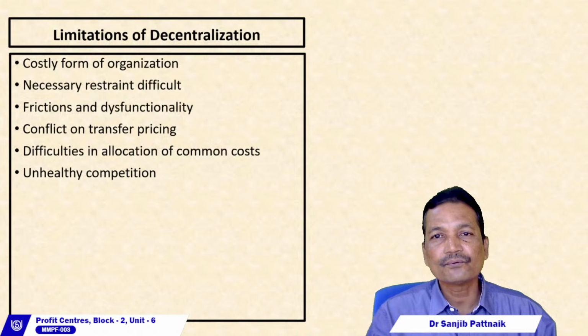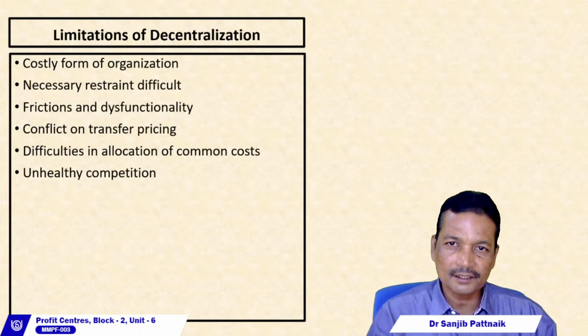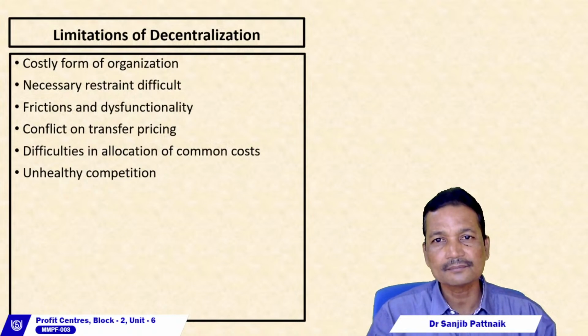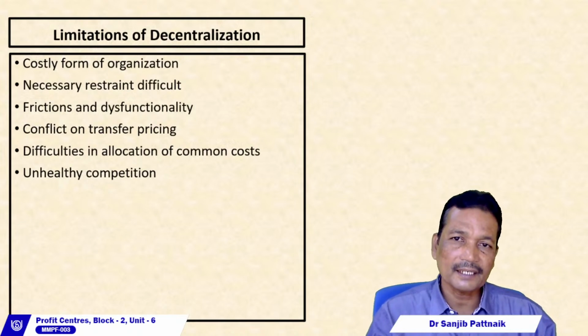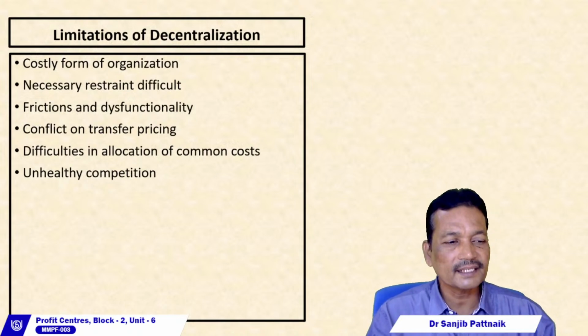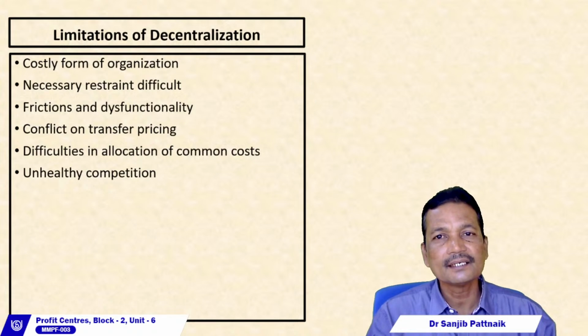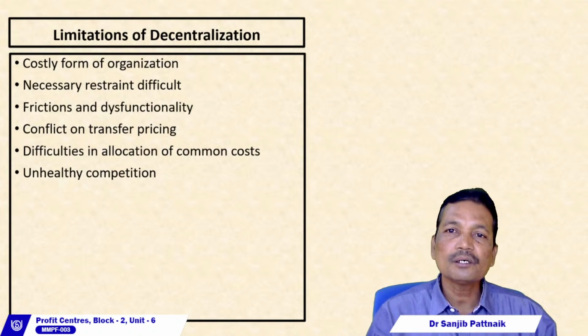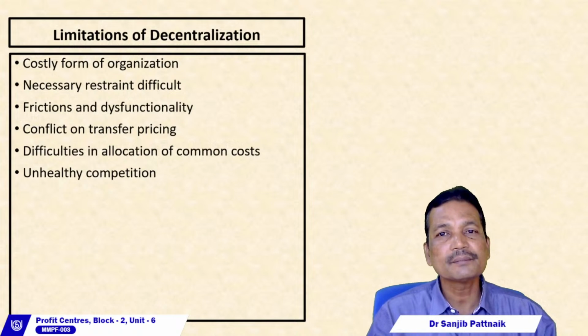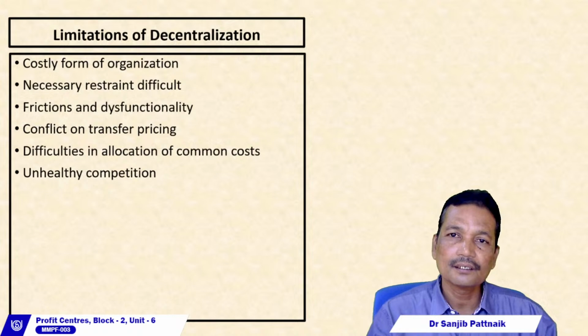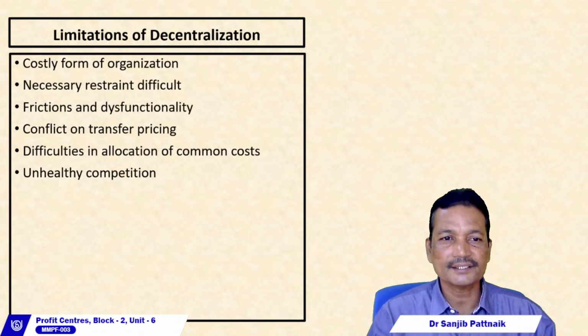Now, if the division or profit center is producing the item to be used as input by another division or profit center, the price of the item should be set in such a way that it should be equal to the market prices under similar conditions, under similar economic influences, etc.